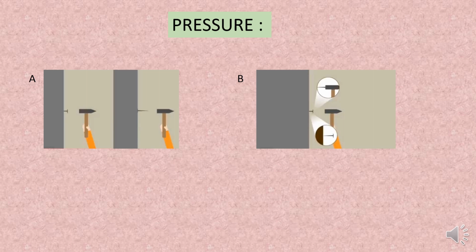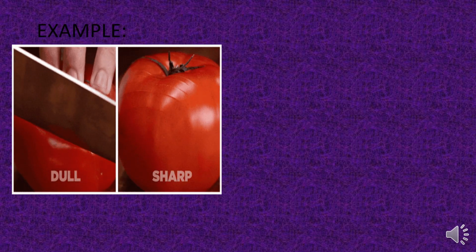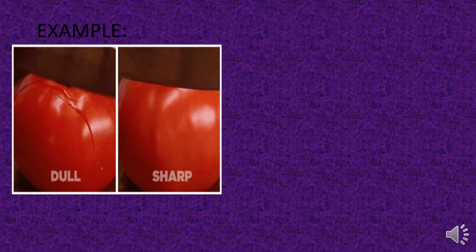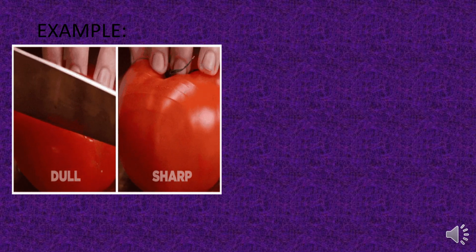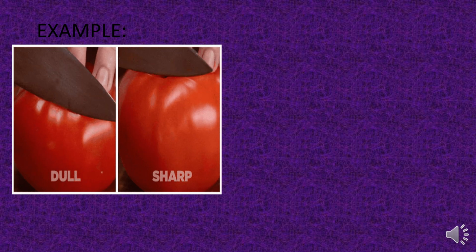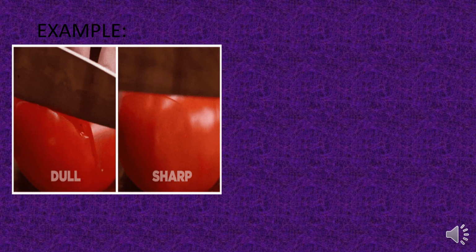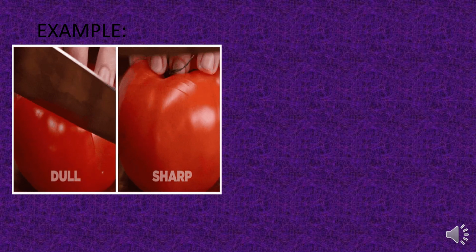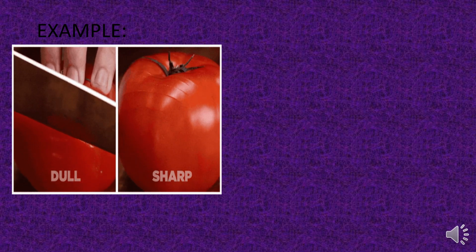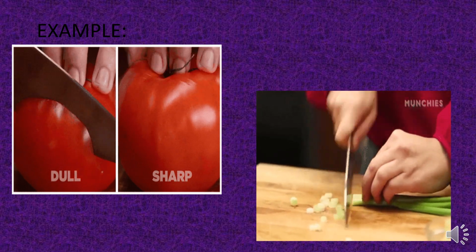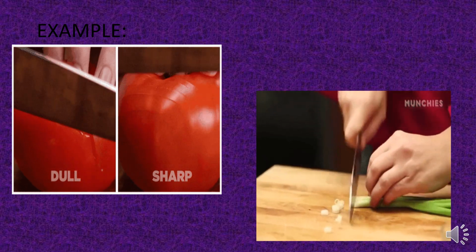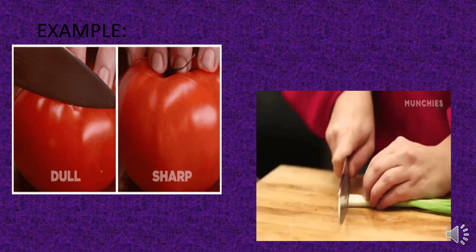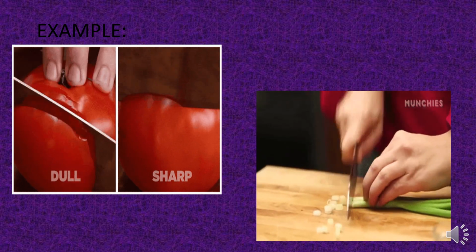Now let me take one more example: a blunt knife and a sharp knife. Try cutting vegetables with a blunt knife and a sharp knife. Which one is easier? Cutting with the sharp knife is easier, right? So cutting with the sharp knife is easier than cutting with the blunt or dull knife.